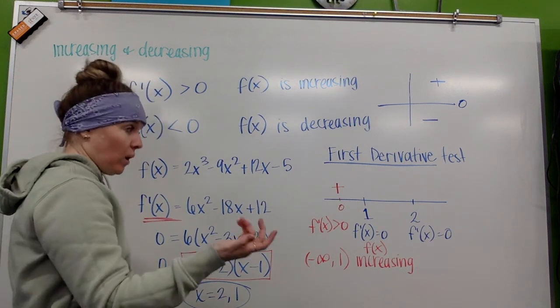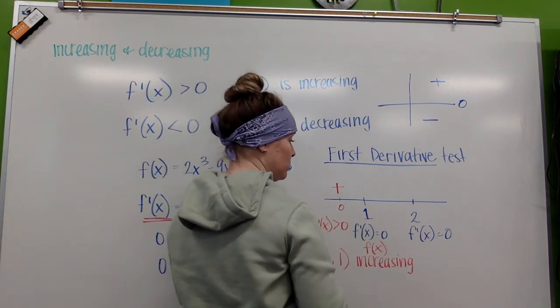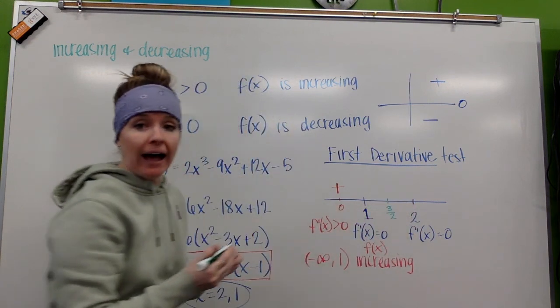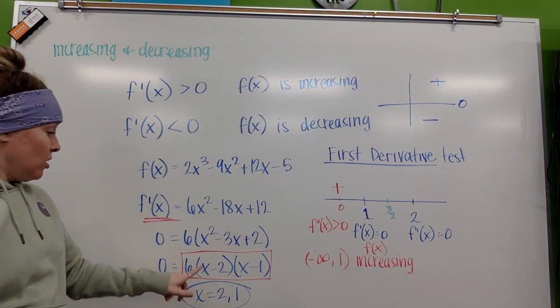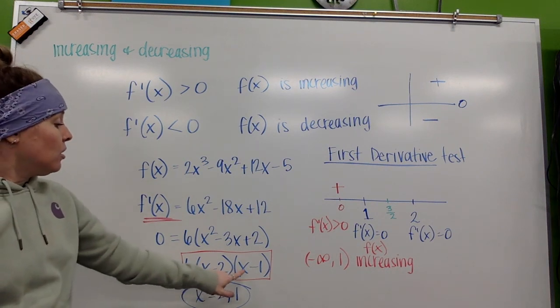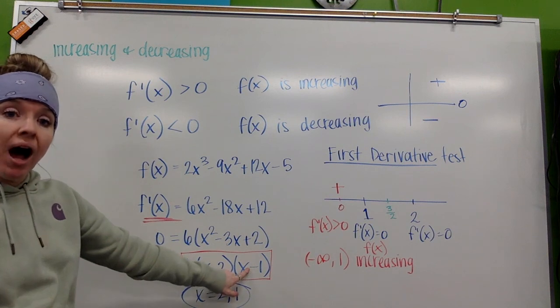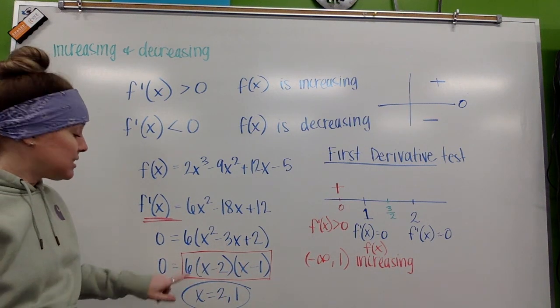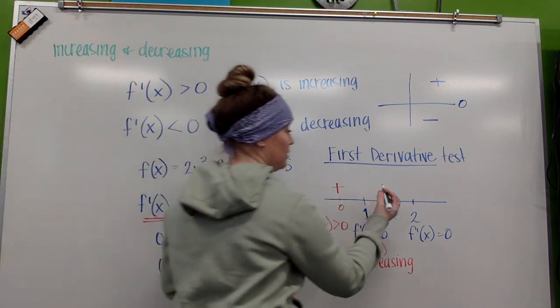Okay? Well then, what's happening between 1 and 2? So I'll plug in 3 halves, or 1.5. Okay? 3 halves minus 2, that's a negative. 3 halves minus 1, that's positive. Positive times a negative is negative, times a positive 6 is still negative.